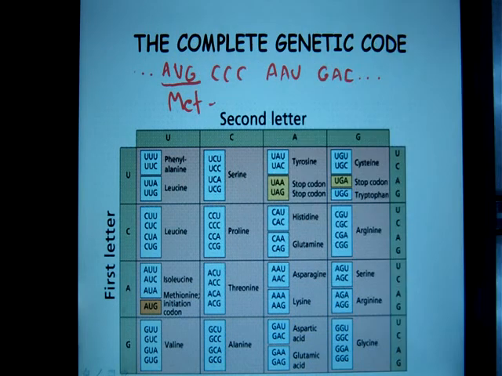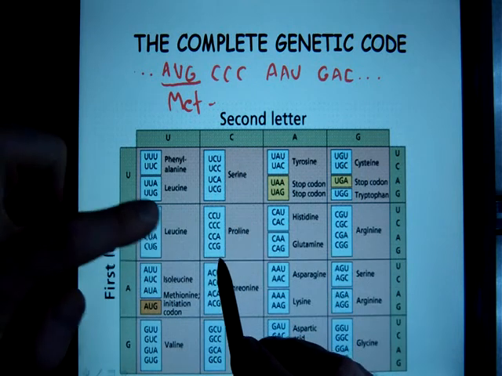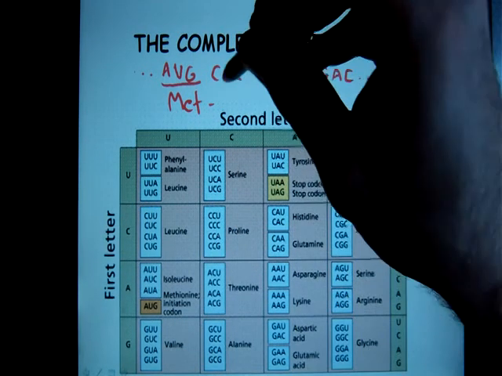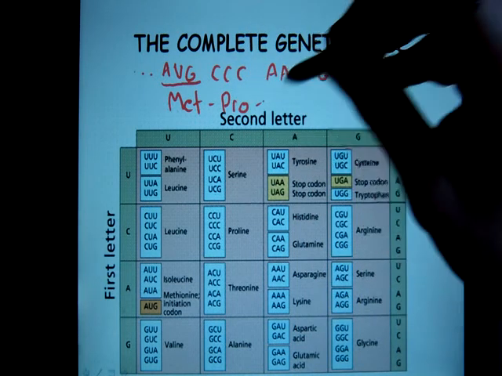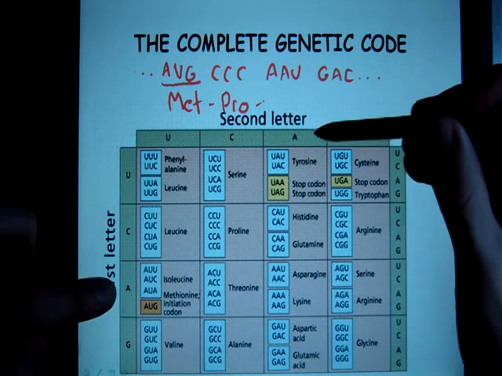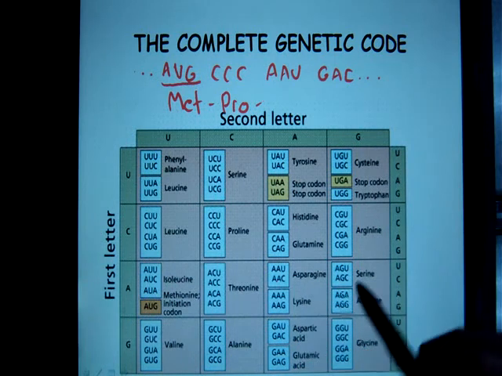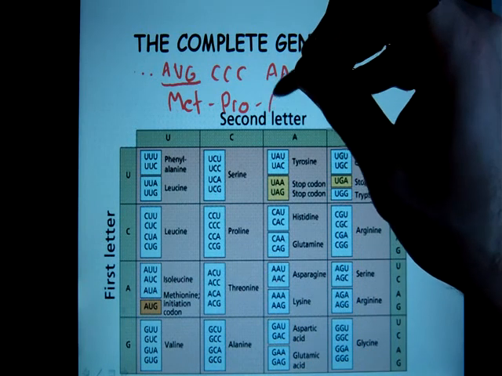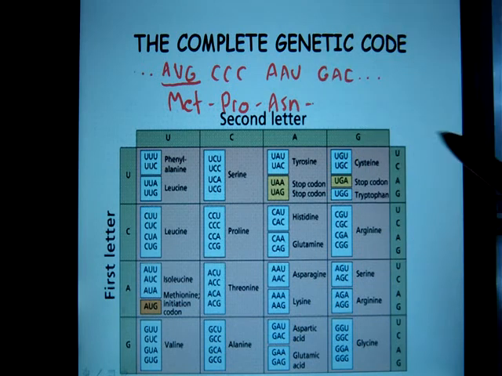The next one, CCC. Go to C, C, where they meet, CCC, that is proline. The next codon was AAU. First letter A, second letter A, and I see AAU codes for asparagine. There are abbreviations for these, but you don't need to know them.